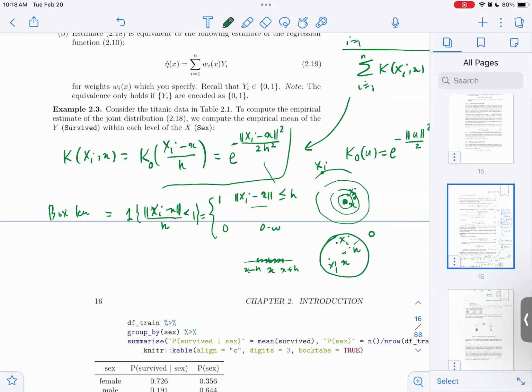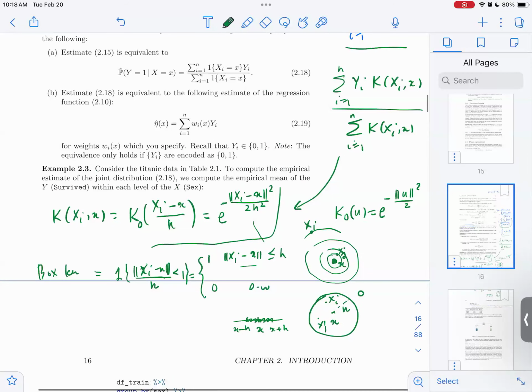This particular version, where we have a bandwidth parameter, is called the Nadaraya-Watson estimator. But the more general form includes things like k nearest neighbors. So x is similar to xi if xi is among the k nearest neighbors of the little x in the training data.